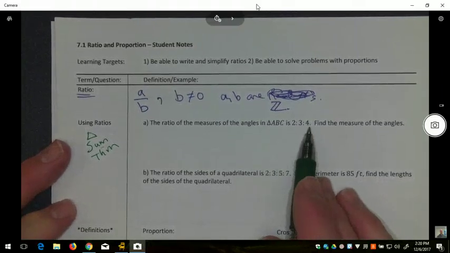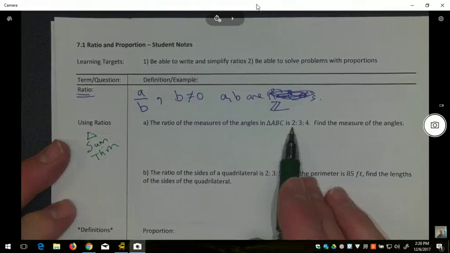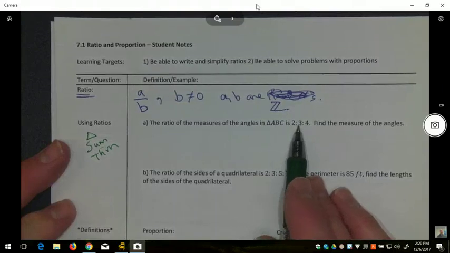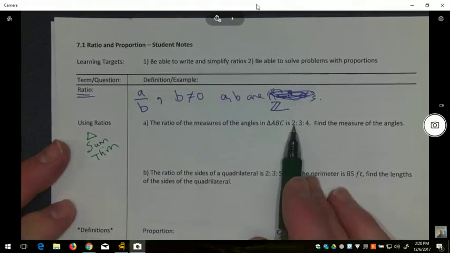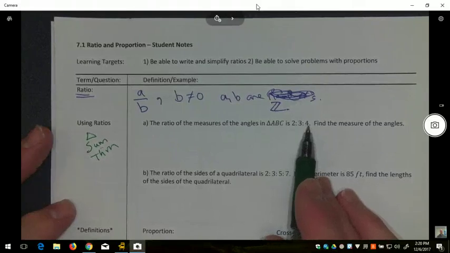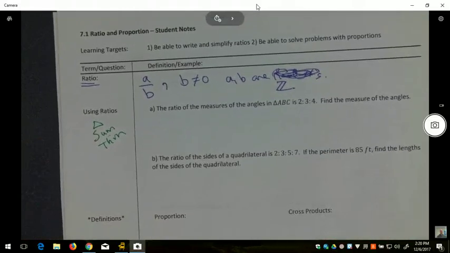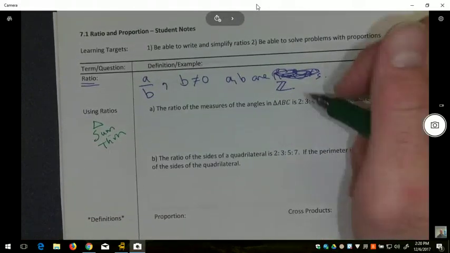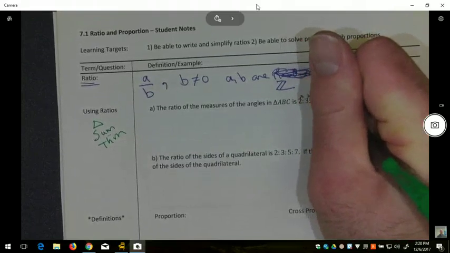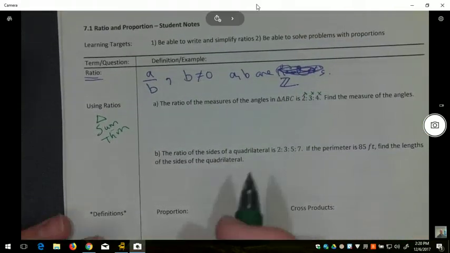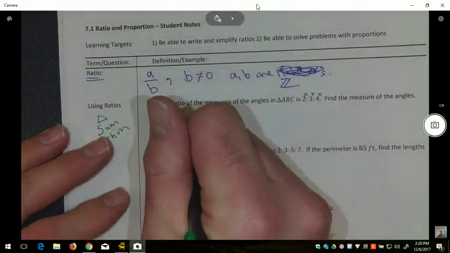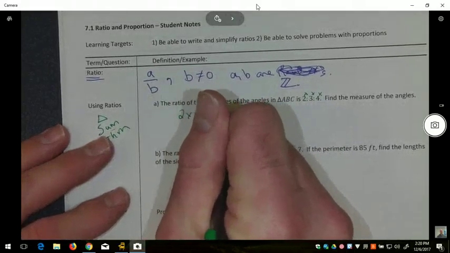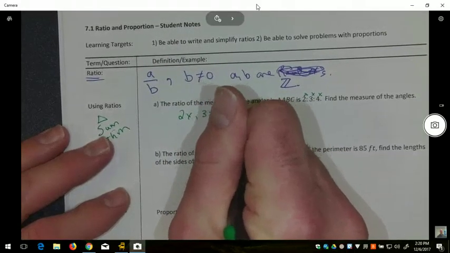I don't know what the exact angles are, but I know there's some multiplier on them that has been reduced. It's not 4, 6, and 8 because that still doesn't add to 180. So my angle measures are 2x, 3x, and 4x.